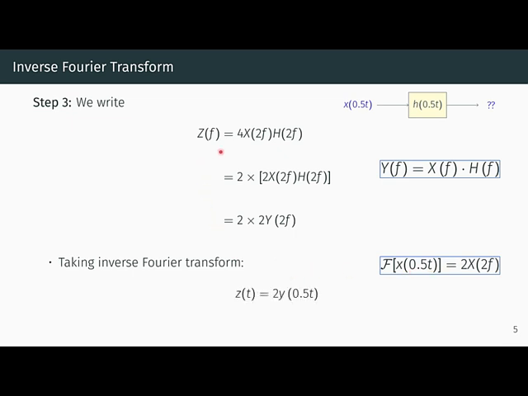So Z(f) will have z(t) as a signal, and 2Y(2f) will have y(0.5t) as a signal, and this scaling factor 2 will remain like this. So this would be the corresponding output of the second system.